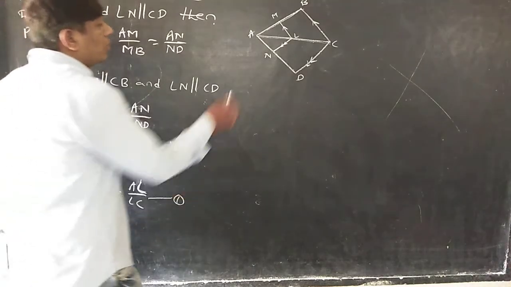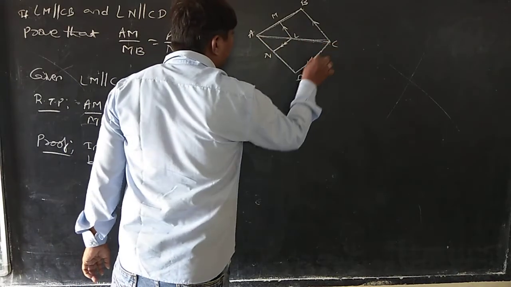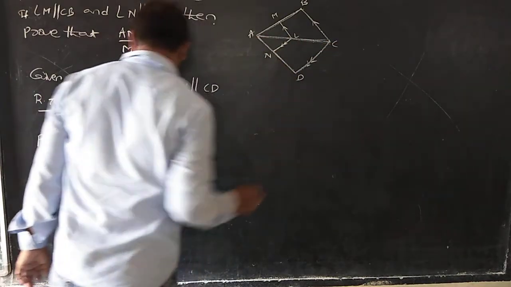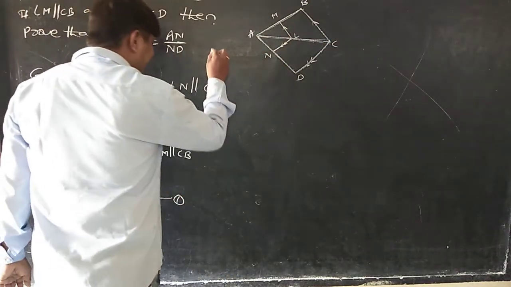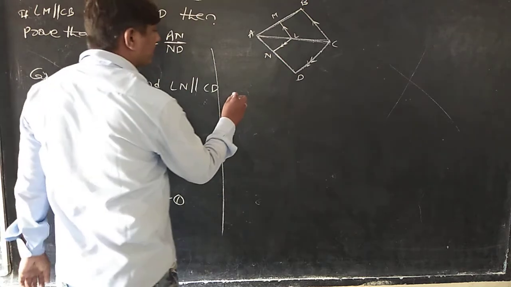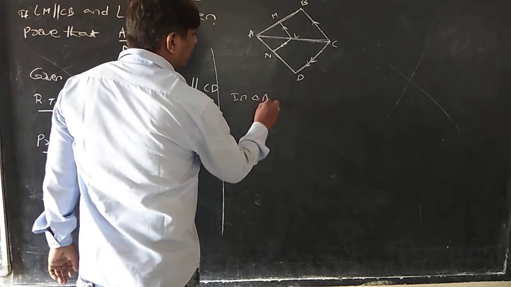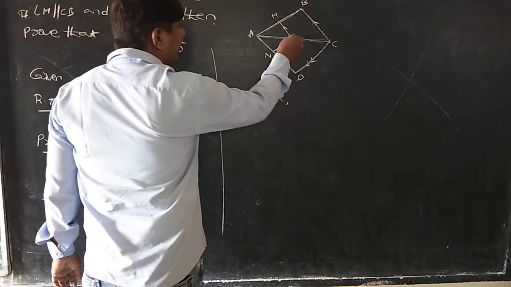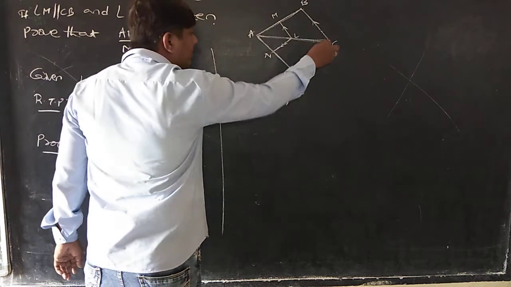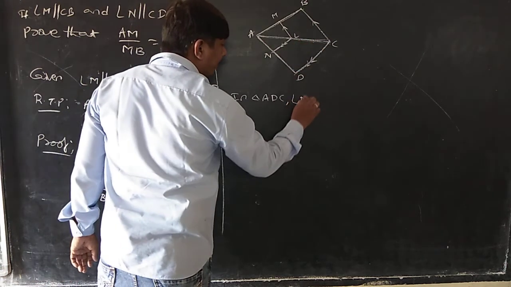Now take this triangle. In triangle ADC, LN is parallel to CD.